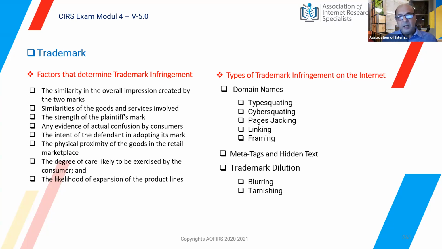So that is blurring it. Tarnishing means it's an outright copy of something, so you're using somebody's logo on your own product. That is outright tarnishing somebody's goodwill. That is directly related to the quality compromise of that product, which is not originally coming from the manufacturer.